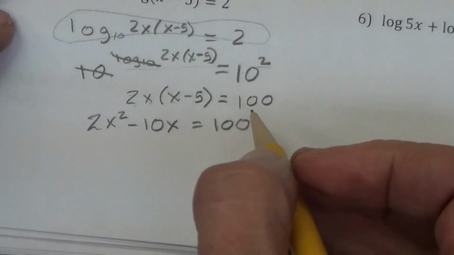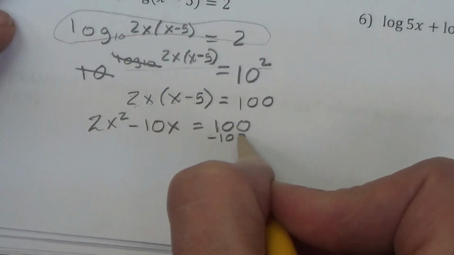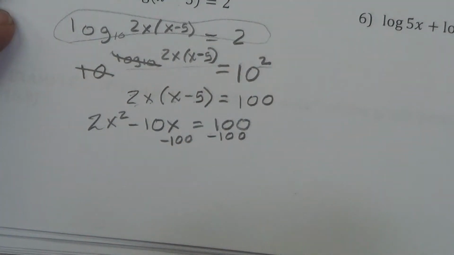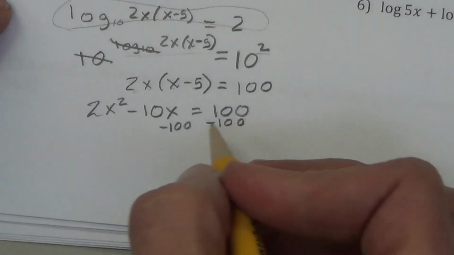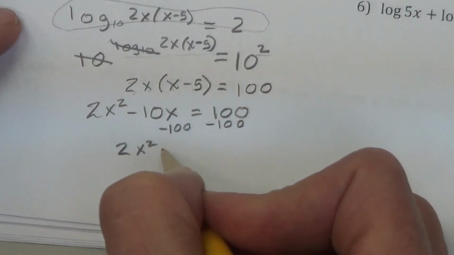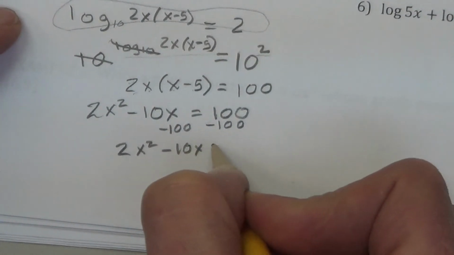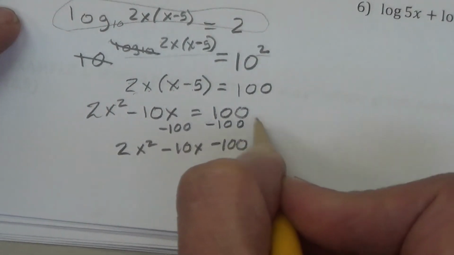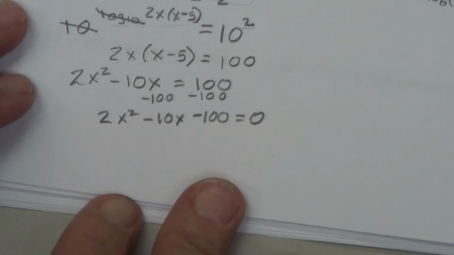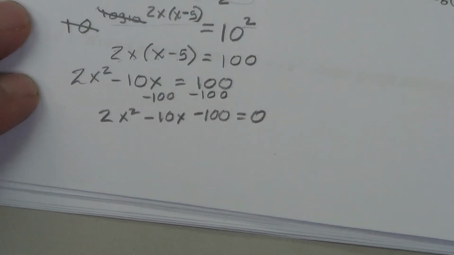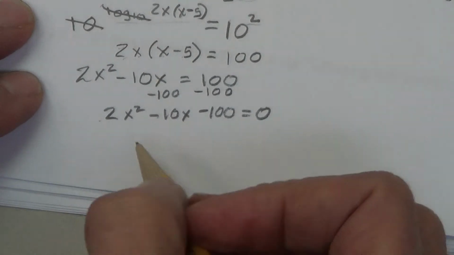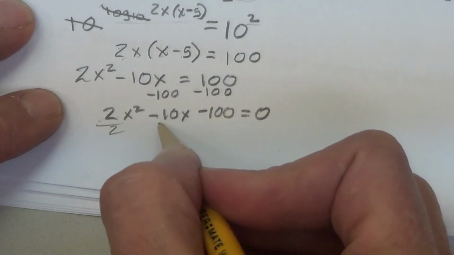Now we subtract 100 from each side because we have a quadratic and we need to factor if we can. So we have 2x squared minus 10x minus 100 equals, now there's nothing left over, there's 0. Okay, so first thing that we can factor out of there is a 2. 2 would go into all of those, so we divide everything by 2.